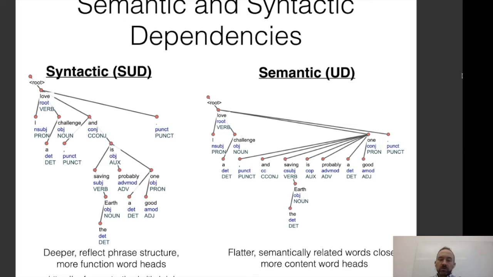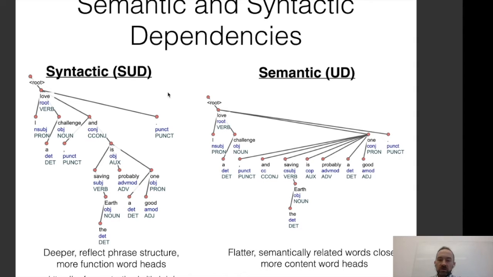So the Universal Dependencies Treebanks take a semantic approach where essentially the goal is to have semantically related words close together. There's also something called the Surface Syntactic Universal Dependencies Treebank, which has a definition that's a little bit closer to what we expect according to the rules of syntax in languages.